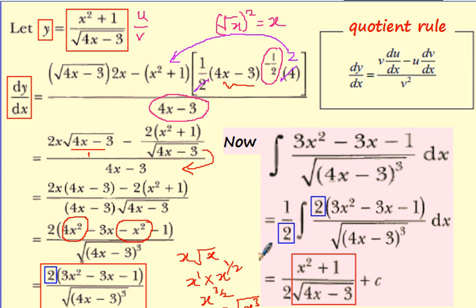Okay, so 2 we have taken out, it means this is gone, like that. So we can find the value. Our answer is x square plus 1 upon root 4x minus 3, because this 2 is gone from here and it has come here.